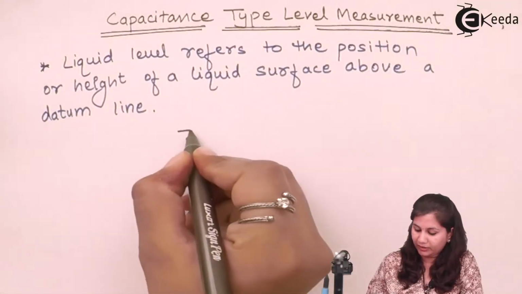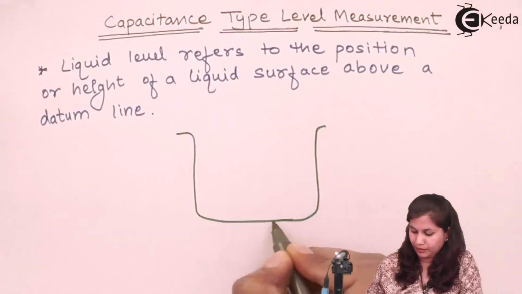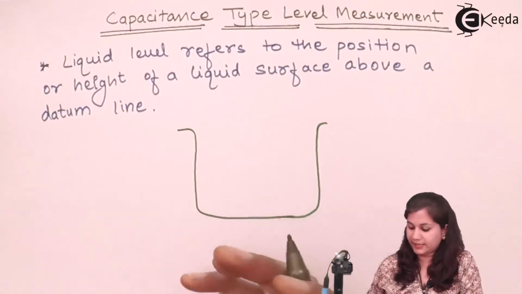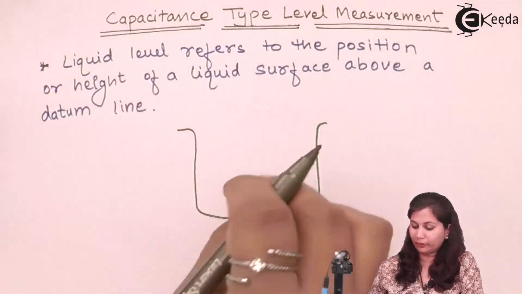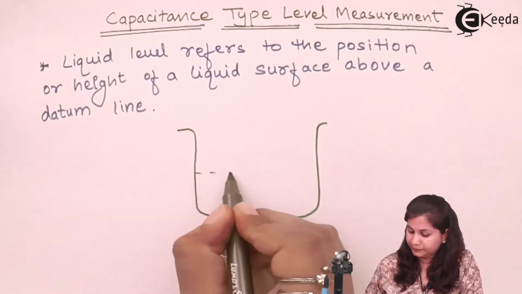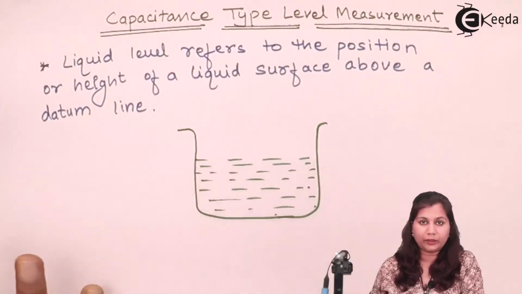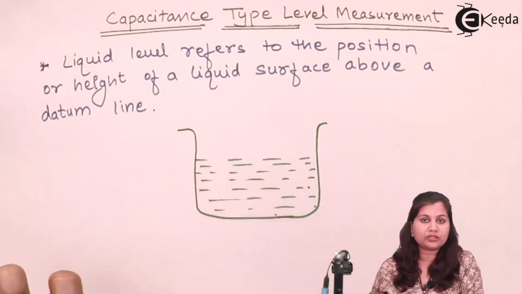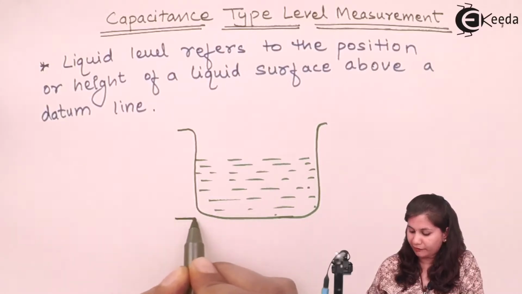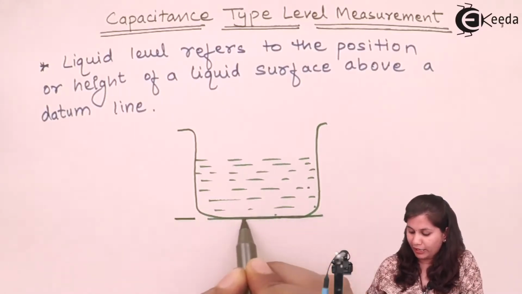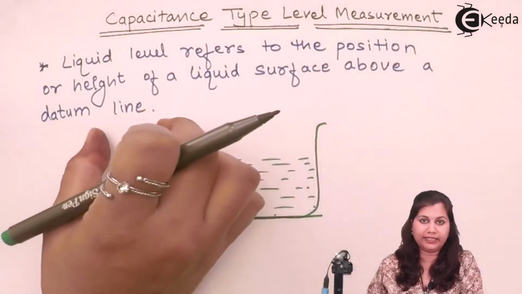Suppose we have a container, a beaker or a vessel. We are given an amount of liquid and we pour it in this container, so the liquid is filled in it. Now we want to measure the level of this liquid. We take the flat surface of the beaker or the container as our reference line, or we can say the datum line.